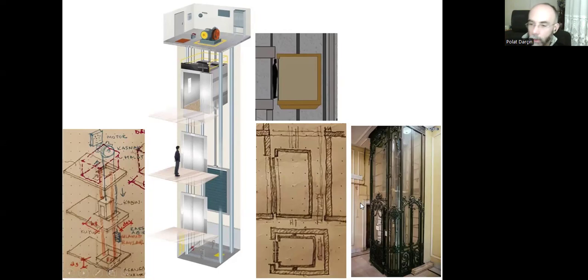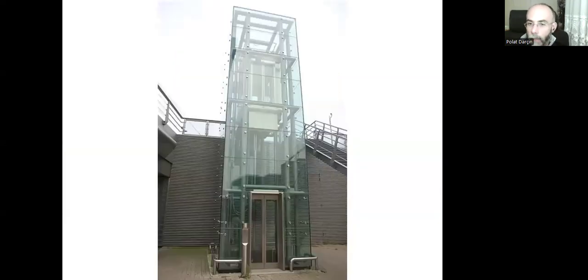Or instead of brick material or AAC material, we can use glass walls, walls that are transparent, walls that allow us to see the hoistway itself, like that, something like that. So it's all glass walls, and we can see the cabin.